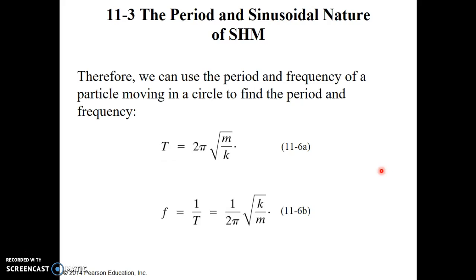And of course, frequency would be 1 over that, which would be 1 over 2 pi times the square root of k over m.